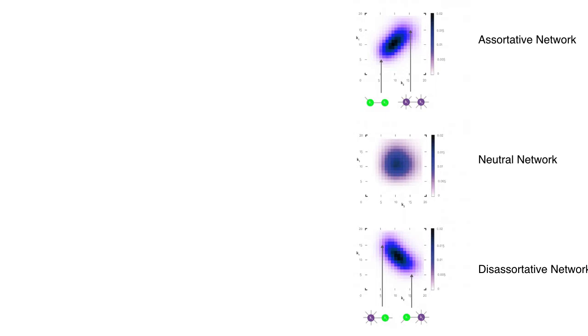So here we have q sub k is equal to the product of k times the probability of observing k in a network divided by the average degree in the network. Again, this is just going to be the probability that if I were to pluck out any random link in a network, at the end of that edge there is a node with a degree k. That's what this expression means.